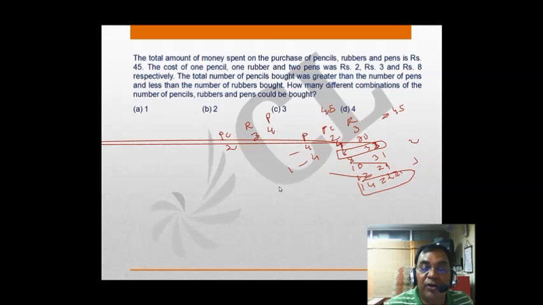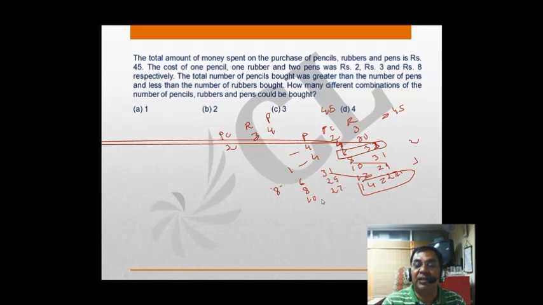If I take 2, so this becomes 8. Now minimum I have to take 3, so 8, 6, 14. That is 31, not divisible by 3. 8 will be 29, no. 10, 27.